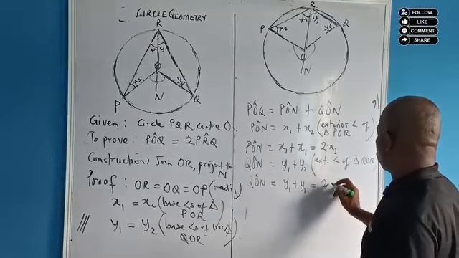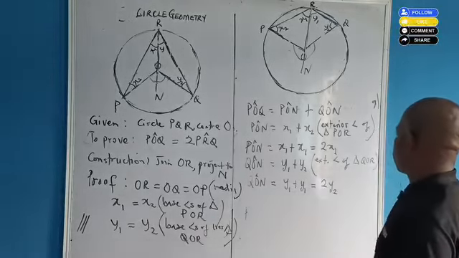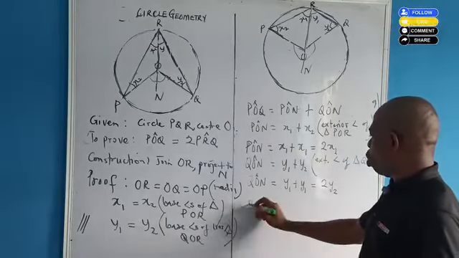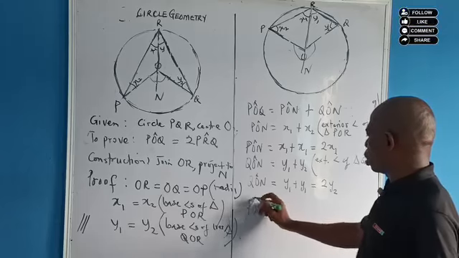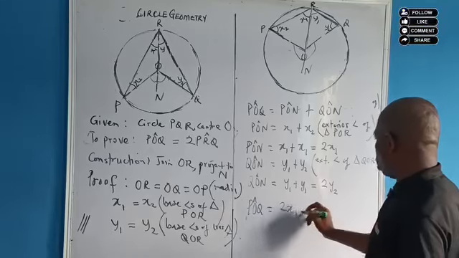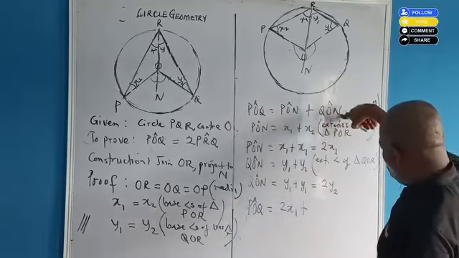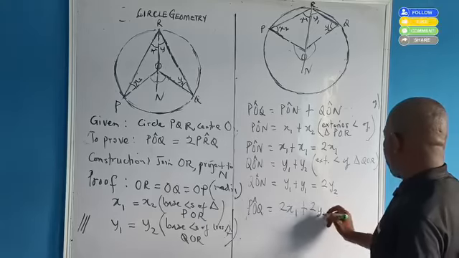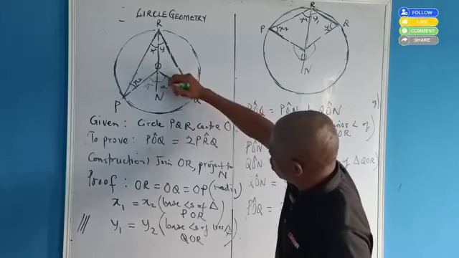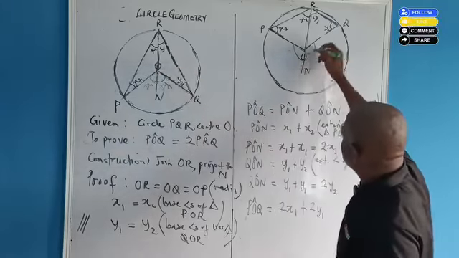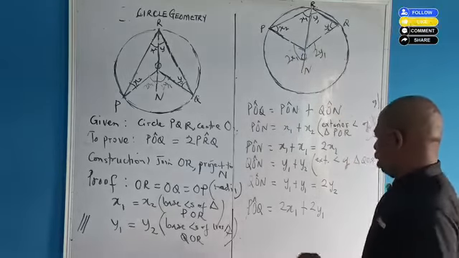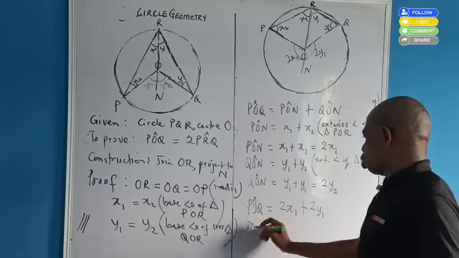So this will be 2y1. Now, we go back to the equation: angle PON, we've seen it to be 2x1, plus QON, we've seen it to be 2y1. So 2x1, 2y1.